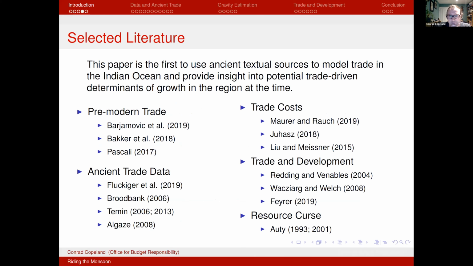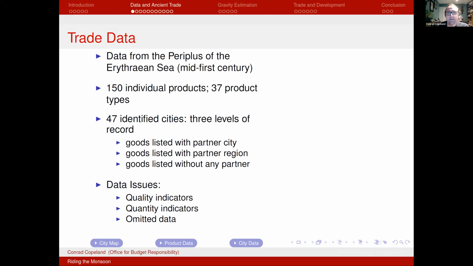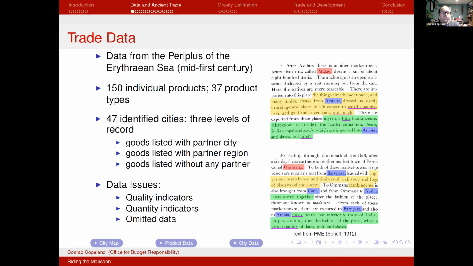And so in the interest of time, I will skip over the literature and go straight into the data. The trade data for this, as I said, comes from the Periplus of the Erythraean Sea, which I won't get into a whole lot about what it is. It's basically a first century document that was written by a Greek, likely mariner, who outlined the trade relations around the Indian Ocean.